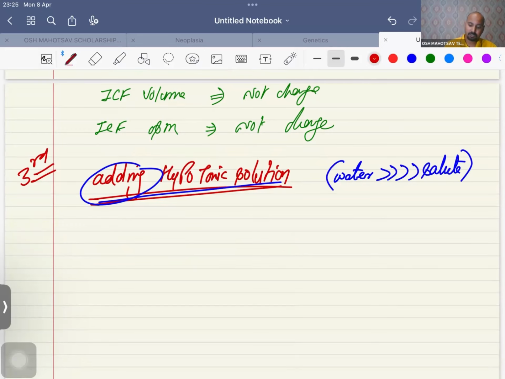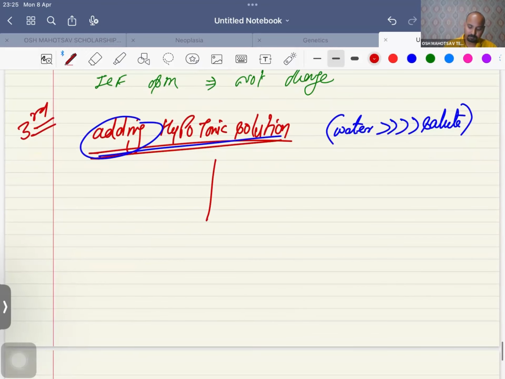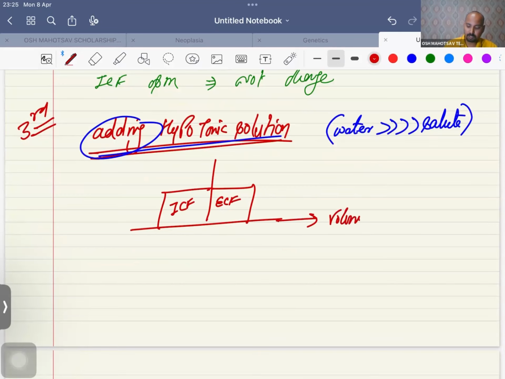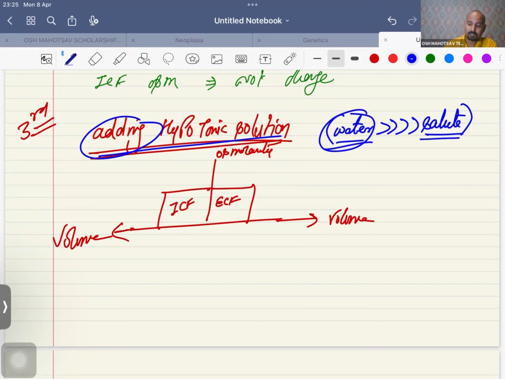So again we have a diagram. In this diagram we have ECF and this side we have ICF. Here we have volume and here we have osmolarity. So now we are adding water and solute also, but mainly we are adding water.